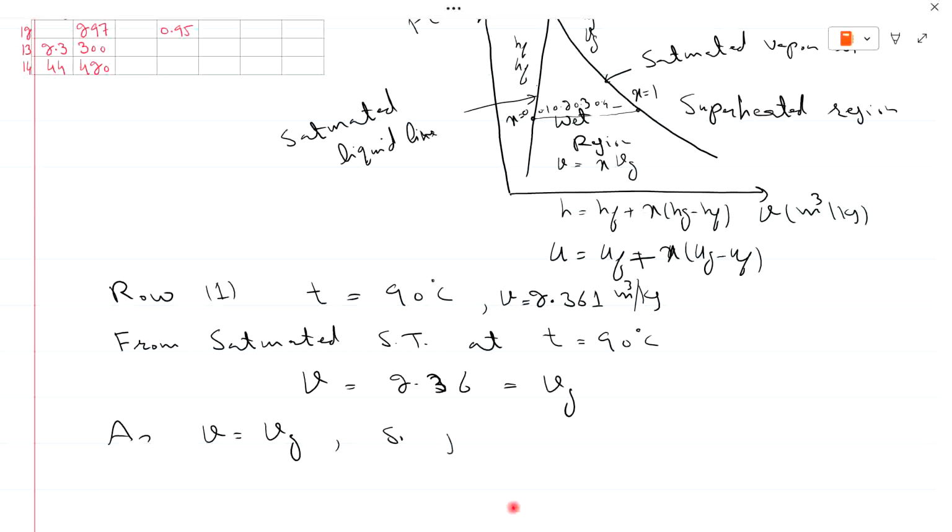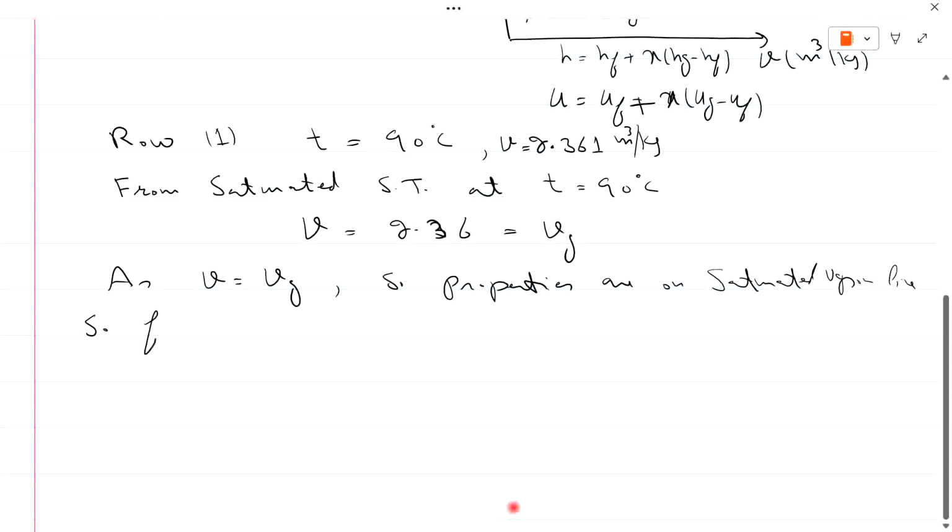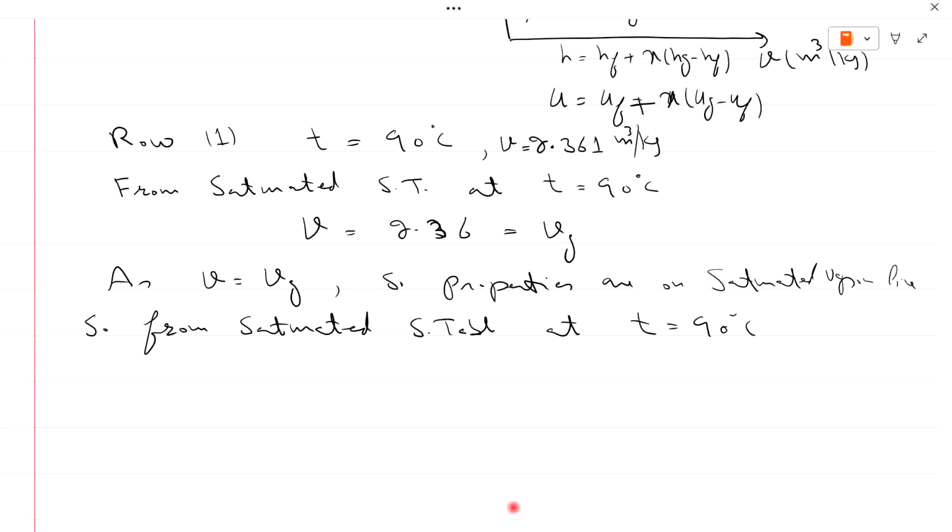So the properties are on the saturated vapor line. From the saturated steam table at temperature equal to 90 degrees centigrade, pressure is equal to 0.701 bar.